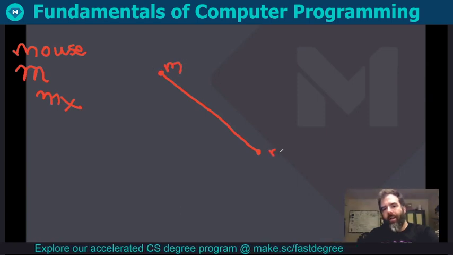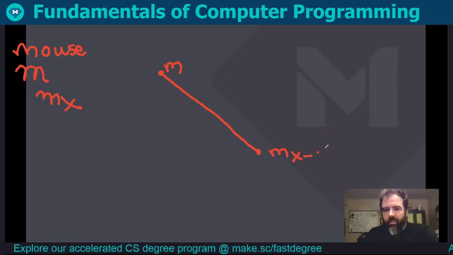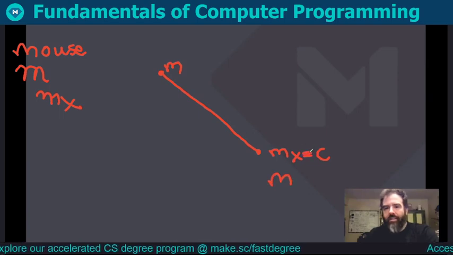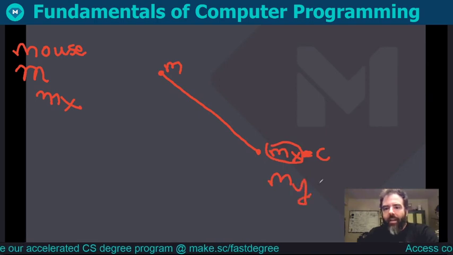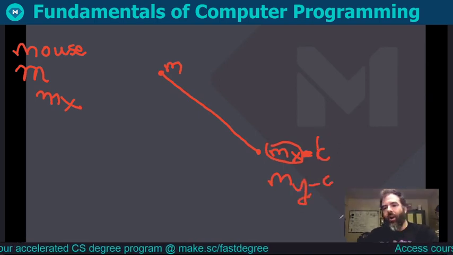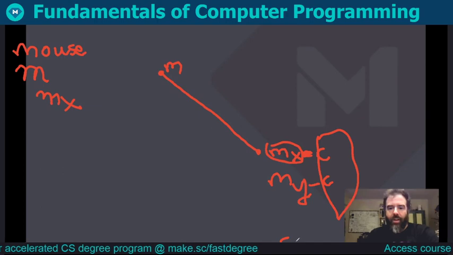And this is gonna be mouse position minus C. We're subtracting C from this, not from X. Minus C. So this is our offset. It's always gonna be the same, so it's a constant.